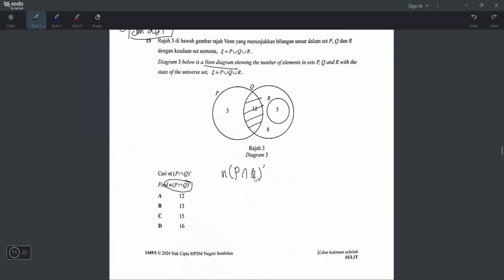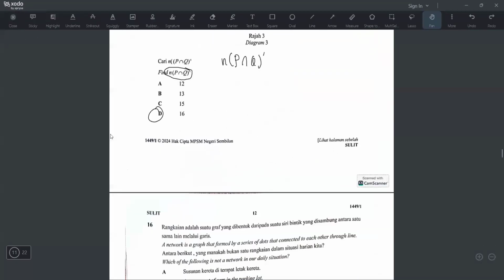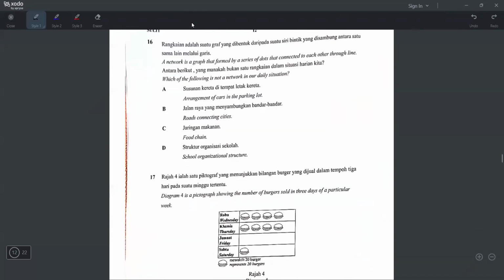But they say bracket complement, which means you take everything except this middle part. So your answer should be here and here. What is the number of elements in this region? 3 plus 8 plus 5, and you get 16. So that's the answer. This question is also quite easy. Hope you understand. Let's go.